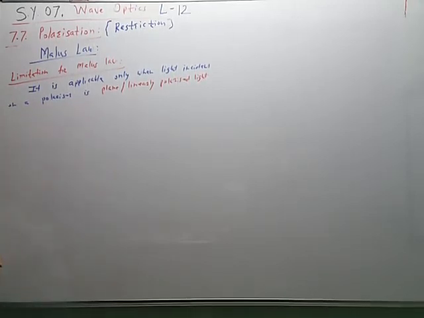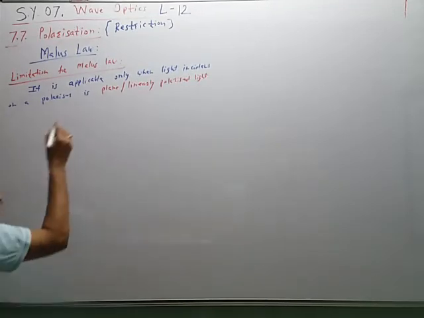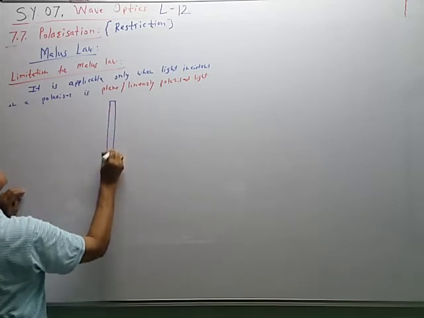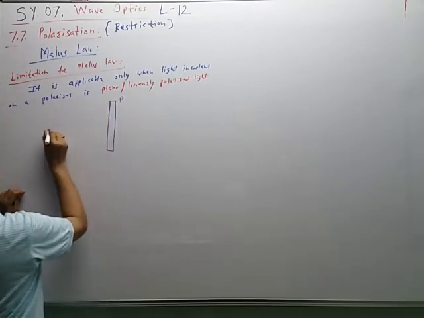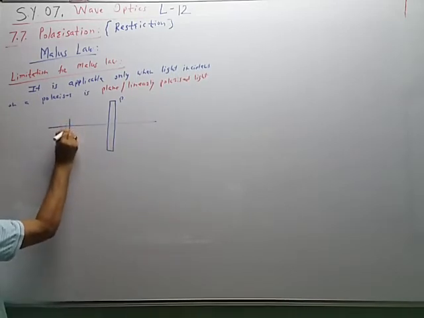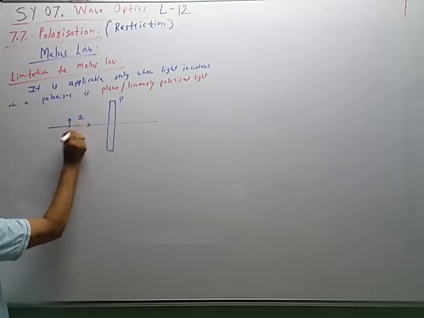Now, this is the polarizer P, and this is a linearly polarized light. It is shown like this, having intensity I1.